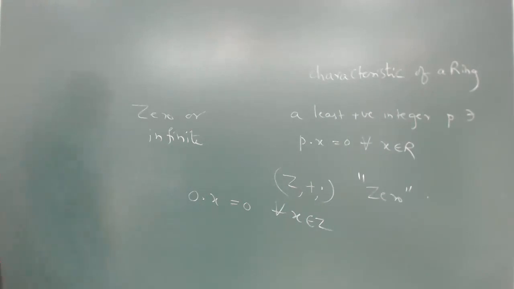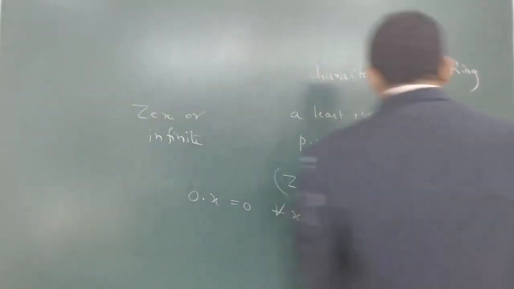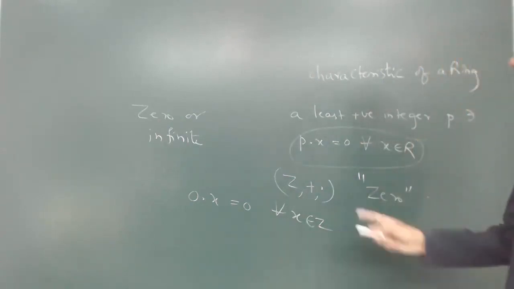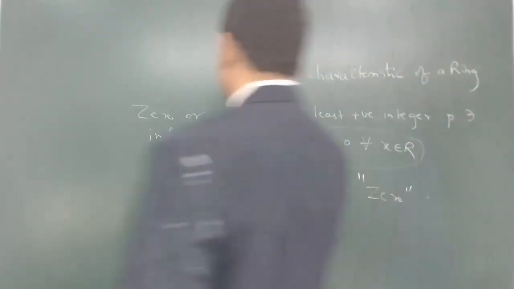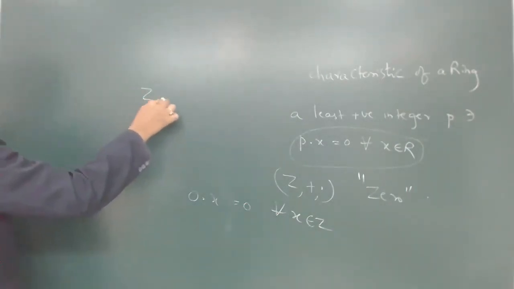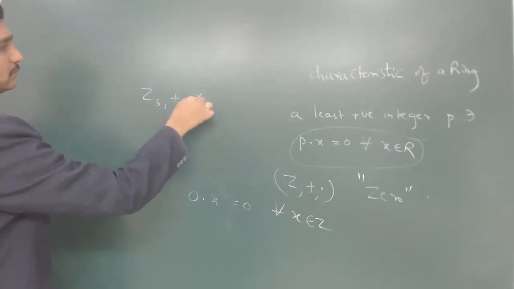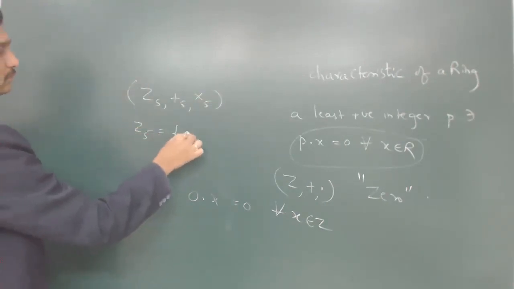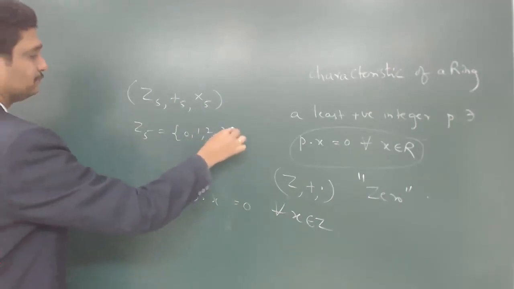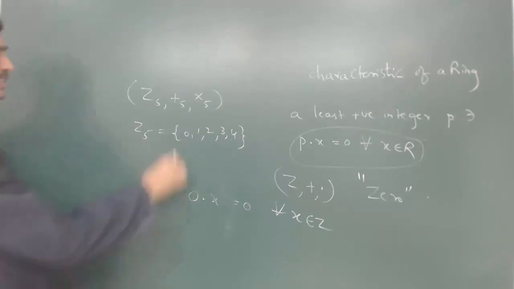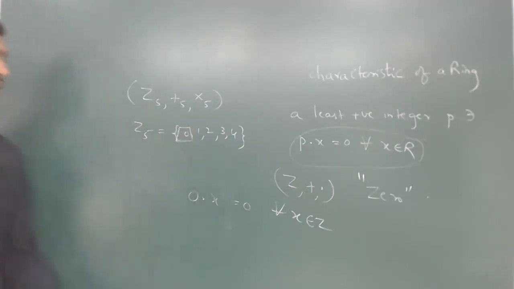Now, the question is, let me take a simple example. Now you forget about this 0. Now you consider the remaining values.